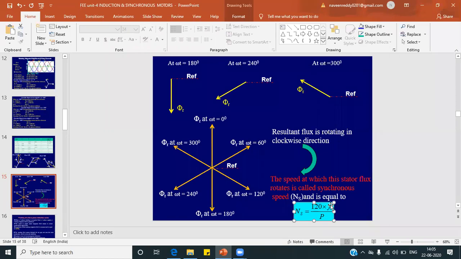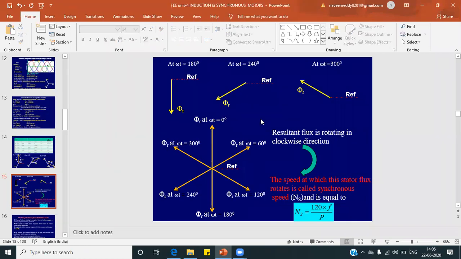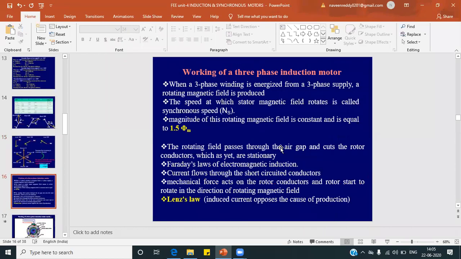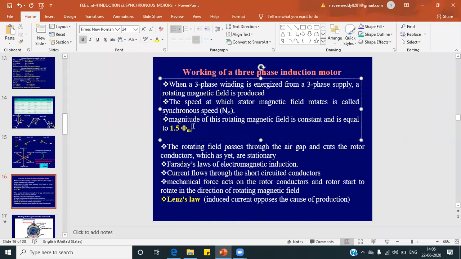Because the rotor is not connected to any supply, only the stator winding is connected to supply. If you want to reverse the rotation of the rotating magnetic field, you have to change the phase sequence. Instead of RYB, you make it RBY. And the magnitude of the rotating magnetic field is 1.5 times phi m.